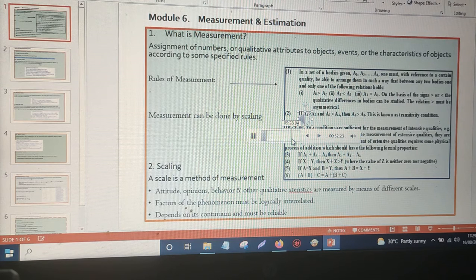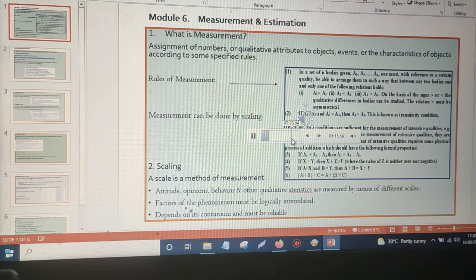Before we go to the rules of measurement, let us examine the two broad measurement categories. One, measurement of intensive qualities, which is basically for qualitative measurements. Then measurement of extensive qualities, which is for quantitative measurement.